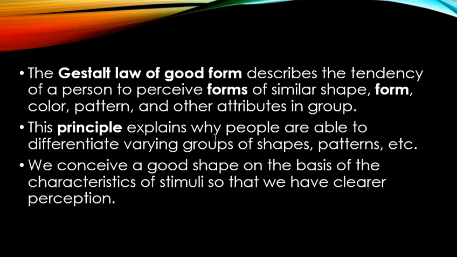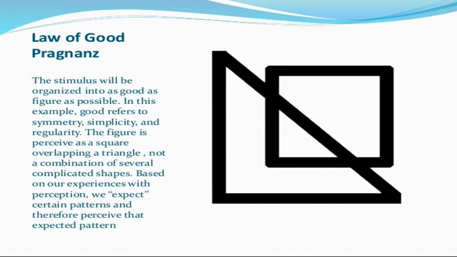We conceive a good shape on the basis of characteristics of a stimulus so that we have clear perception of it. This is known as the principle of good form. This principle explains why people are able to differentiate varying groups of shapes and patterns. We conceive a good shape on the basis of characteristics of stimulus so that we have clear perception.